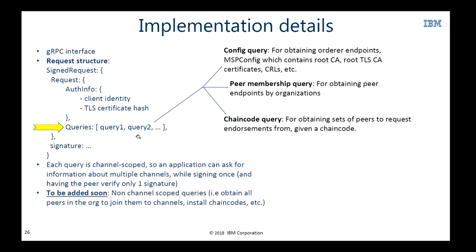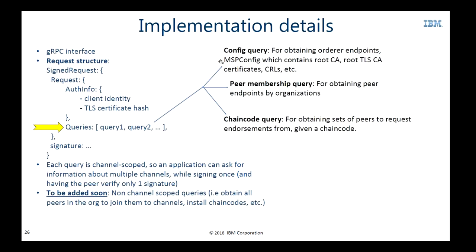What we do is we simply put all of the queries that the client needs into this queries slice, and then the peer evaluates all of the queries and returns answers, either an answer or something like access denied if the client is not eligible to know the answer, in the same order in which the client sent.